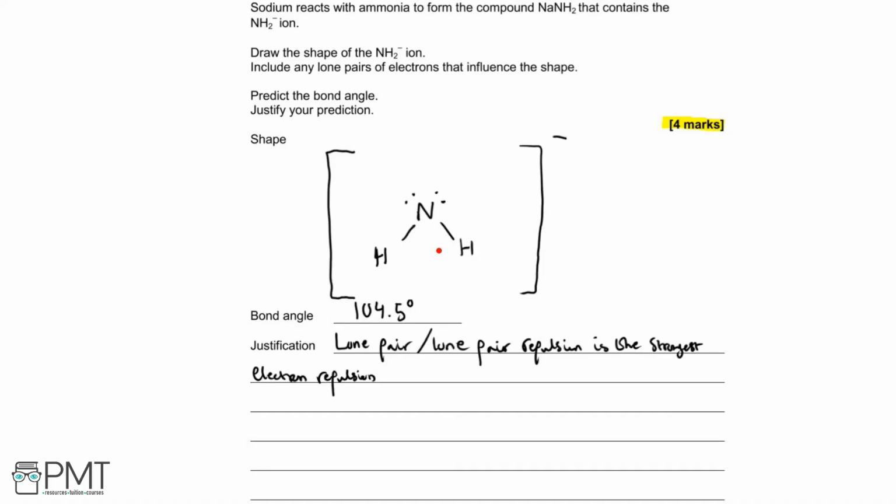And on top of that, bonding pair repulsion, that's repulsion between two bonding pairs rather than two lone pairs or a bonding pair and a lone pair, is the weakest of these, with lone pair, bonding pair in the middle between these.